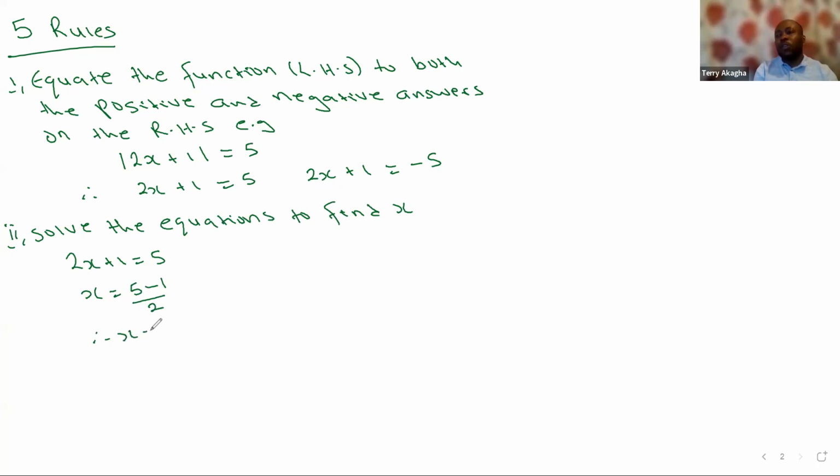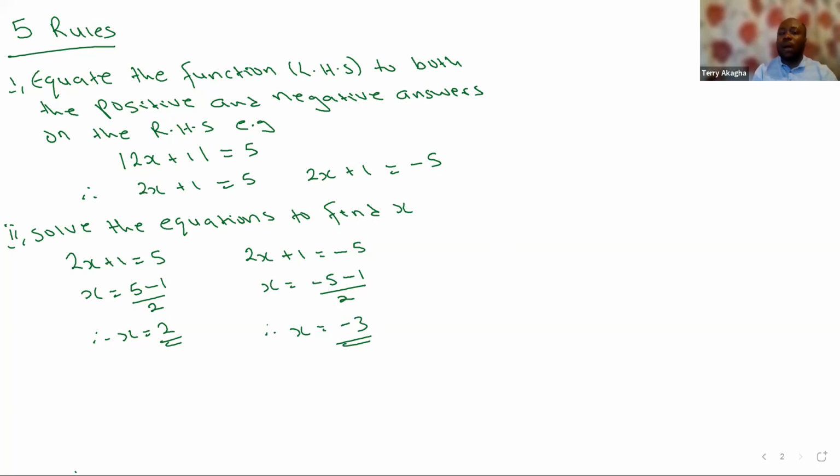Therefore, x is 4 divided by 2, which gives us 2, okay? For the other one, it's 2x plus 1 is equal to minus 5. So x is going to be minus 5 minus 1 divided by 2, which is minus 6 divided by 2, giving you minus 3.